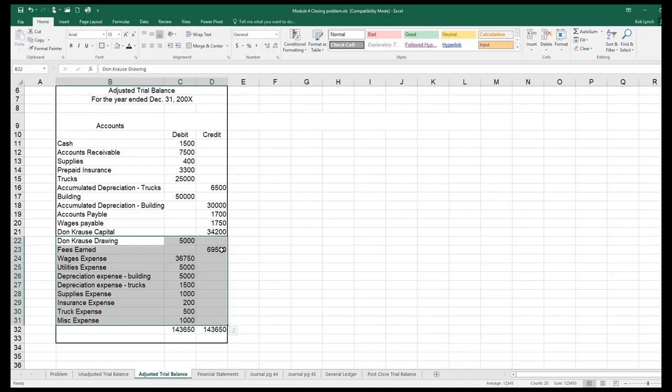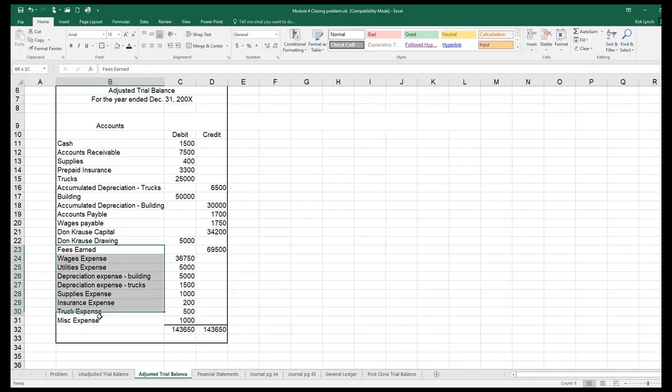So if it has a current credit balance, we're going to have to debit the account. If it has a current debit balance, we're going to have to credit the account. And so in this two-step process, we first zero out these accounts, the revenue and expenses, and in the second step of the process, we zero out the drawing account. And in both cases, we use the capital account to update the balance in the capital account.